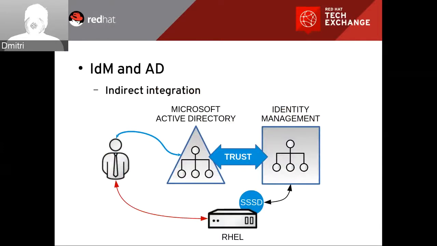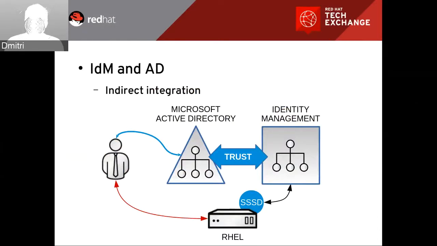Okay, so back to the Active Directory integration. IdM and AD indirect integration is done through identity management, when Linux systems are joined into the identity management domain. SSSD is configured to look up and perform authentication against identity management.